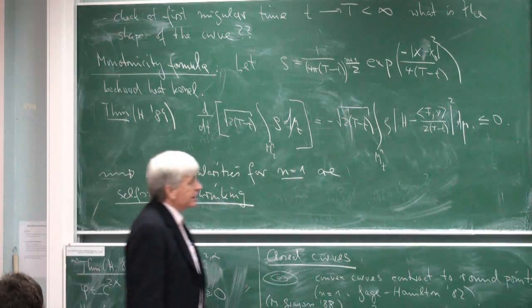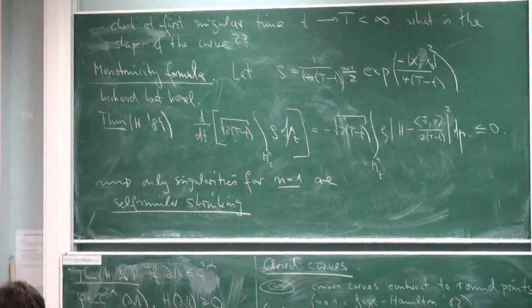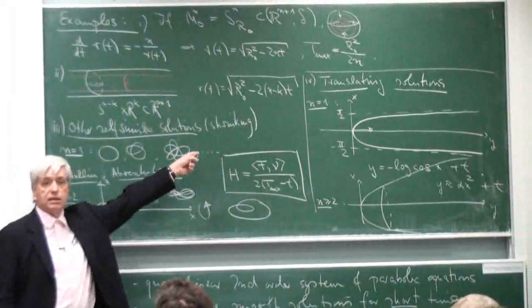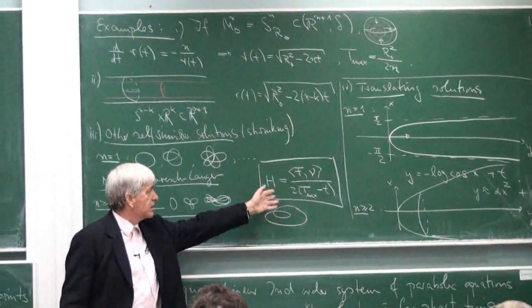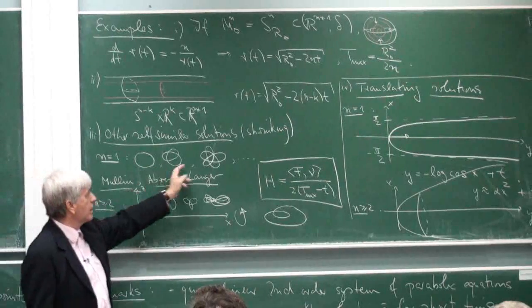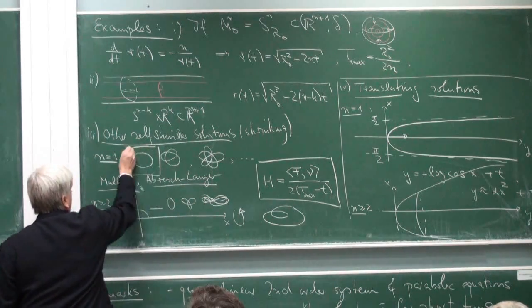Now you look at the self-similar shrinking ones, and for n equals 1, Marlin, Abresch, and Langer have classified them. That's all of them. There are no others, because for n equals 1 this is an ODE, and you can classify the solutions of these ODEs. These are the only ones. And now you check which one of those is embedded. The only one that is embedded is this one.